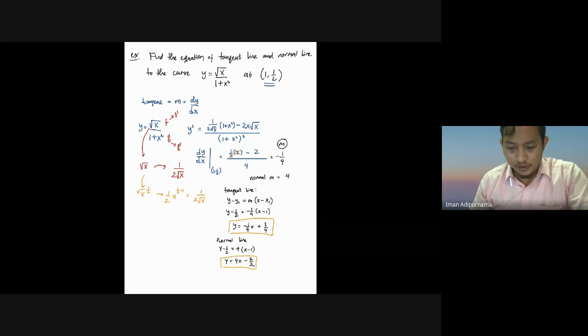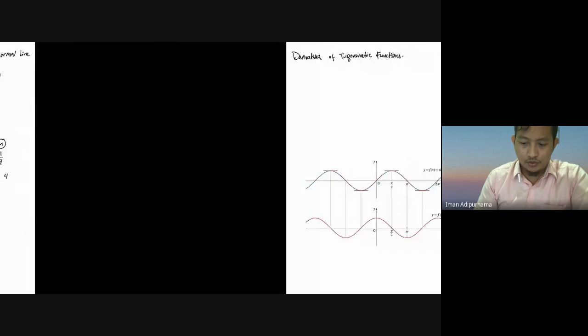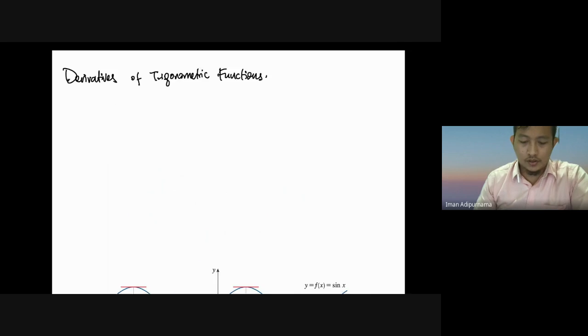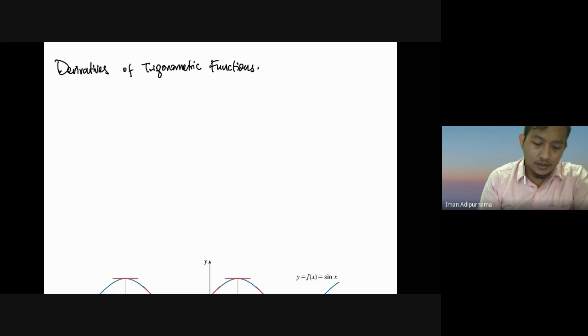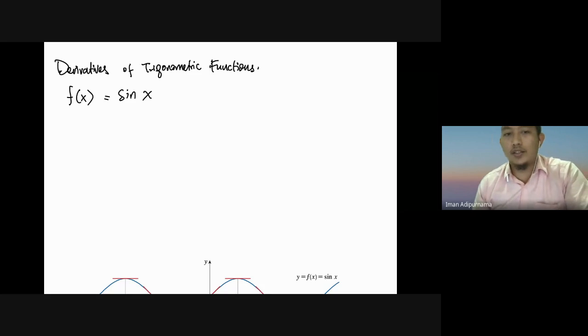Okay, if there are no questions, let me move to the derivative of trigonometric functions. All right, for example, for trigonometric functions, we will start with sine x.